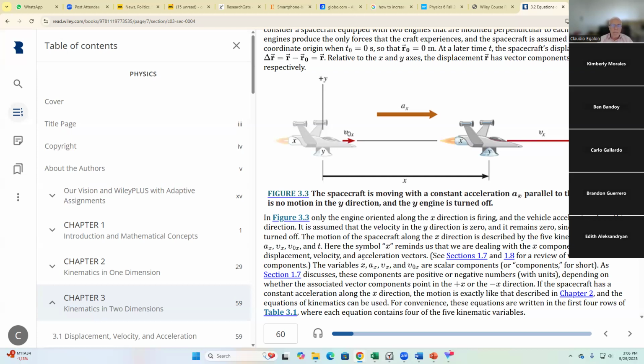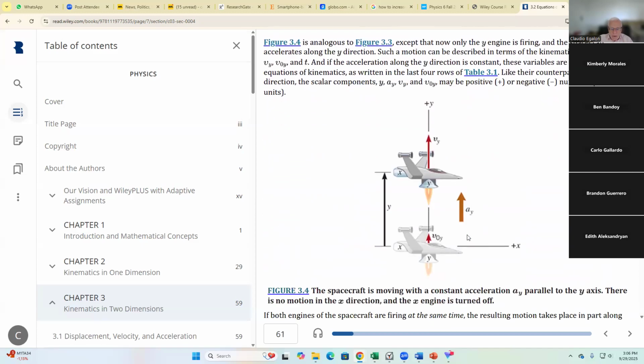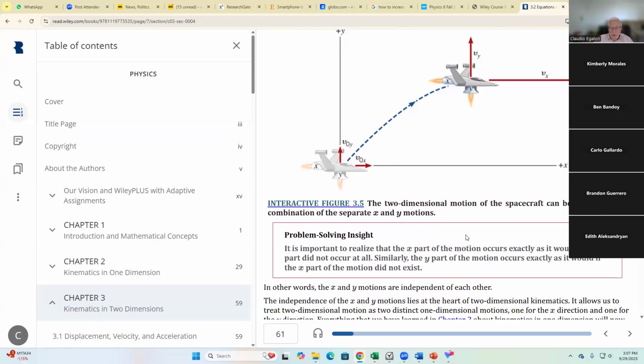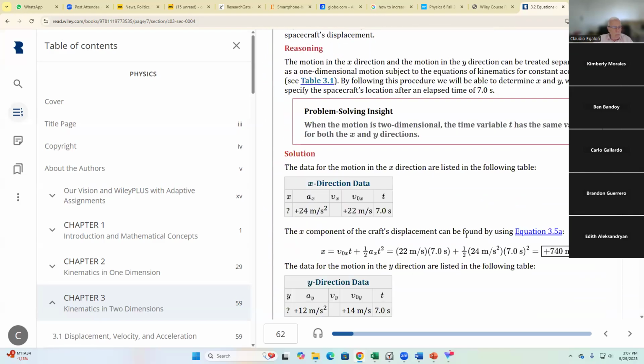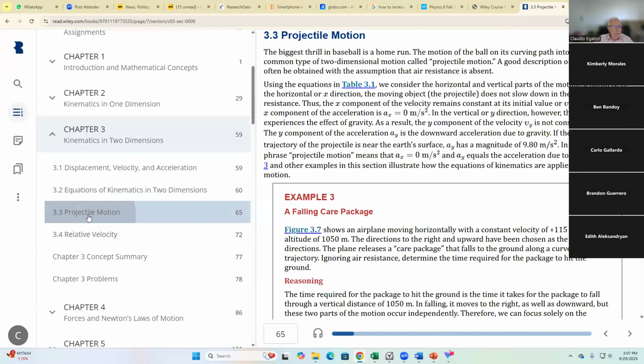But then there were other problems, like, how do you compensate for air drag, right? It was, and it's still, a very important problem. And let me tell you what is the very definition of projectile motion. Here you go. Projectile motion 3.3.